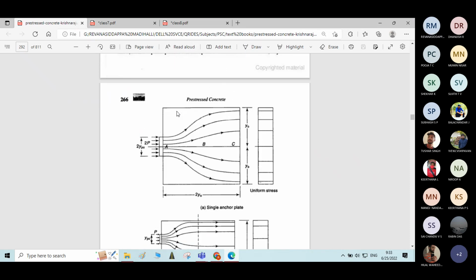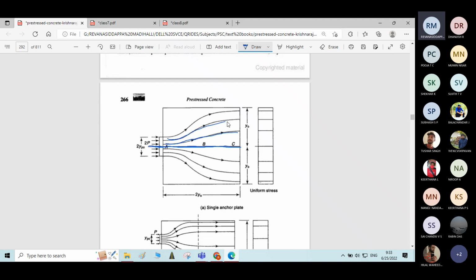Why we are denoting these heights by 2yp0 and 2y0: with respect to the central axis of the plate, or the cable profile, we will study the distribution of the stresses.